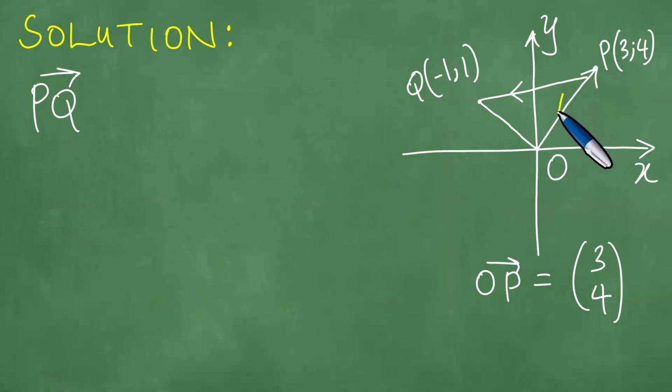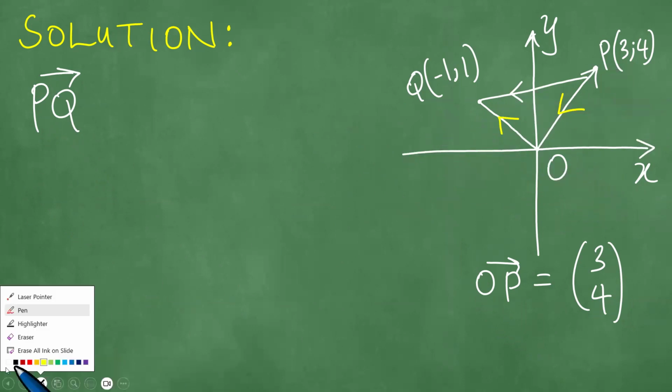We can change the direction of this vector. Instead of looking at the position vector OP, we can look at it as PO, and we can look at this vector here as a vector from O to Q, so that to find PQ, we can look at this as PO and OQ.